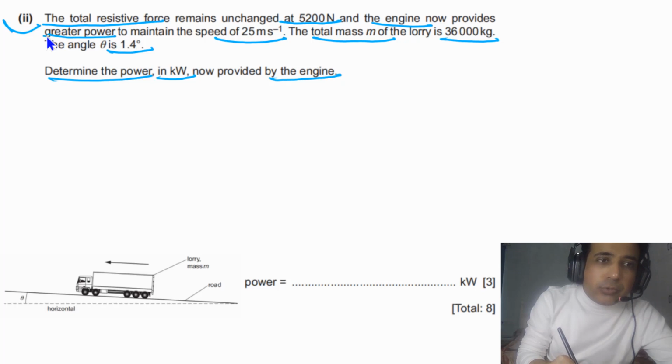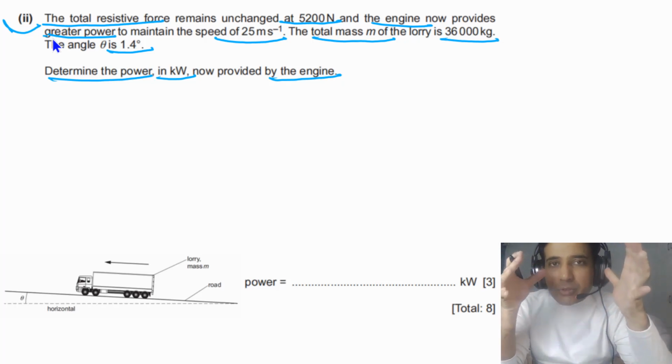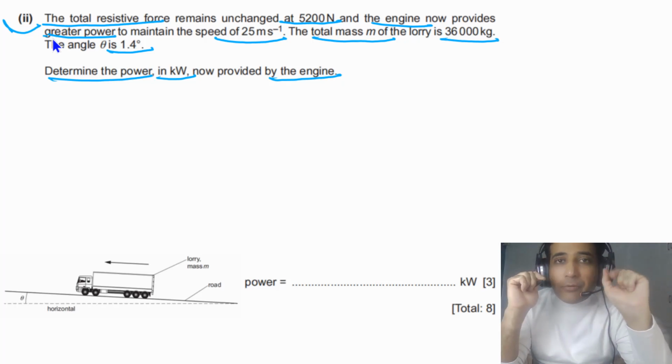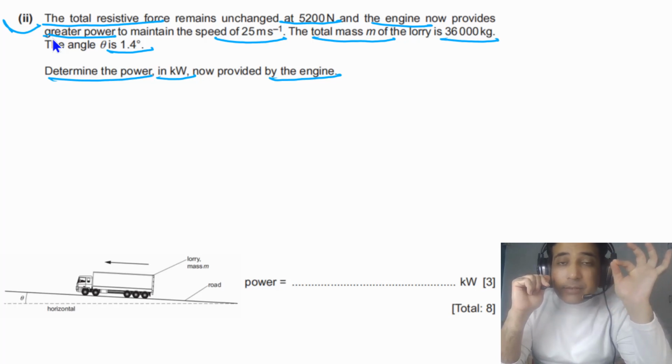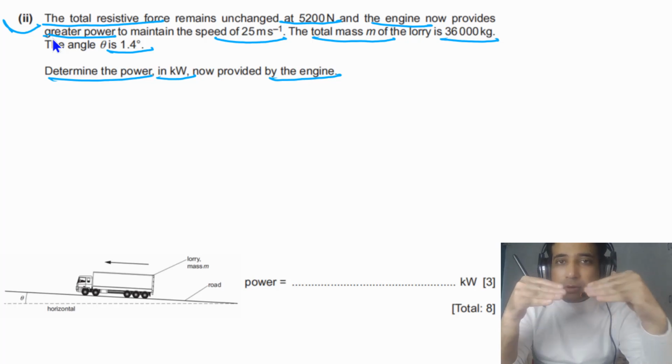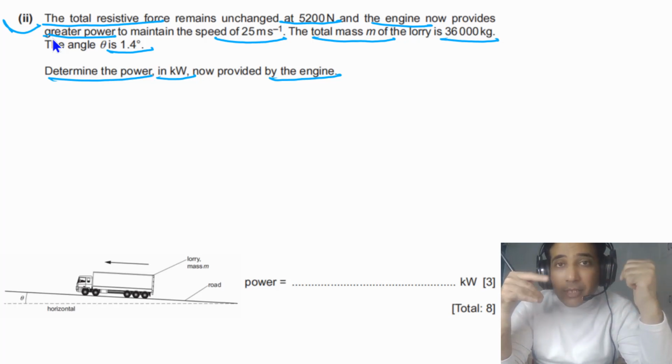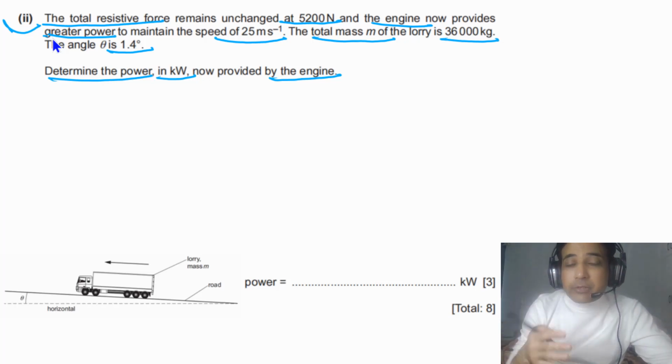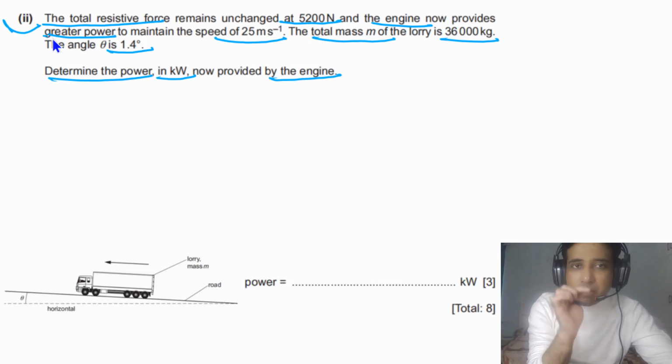In this question, it is given that the power is greater now. So if the power is greater, it means the thrust provided by the engine is greater than before. So the sum of resistive forces has to be greater than before, because the power is greater and the speed is the same. This is one thing you can understand from this question.